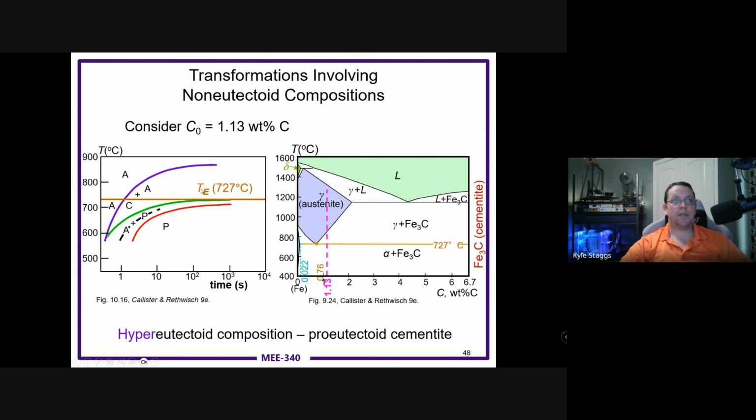As you keep dropping in temperature, you hit this phase where you begin to form perlite, and that's below this 727. So as we drop down, think of it at a specific point in time: wherever you are on the temperature curve tells you the same information that's here in terms of composition, based on where the eutectoid point is for that alloy, right?